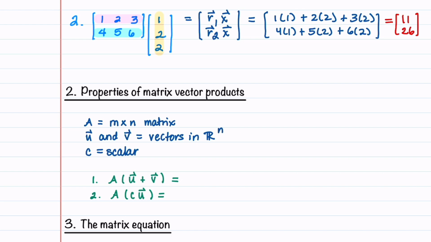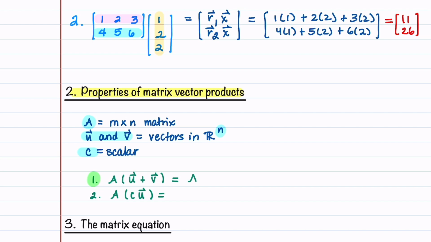We'll now quickly go over two properties of matrix vector products. A is an m by n matrix, and then U and V are vectors in Rn, and C is a scalar. Our first property tells us that when we multiply a matrix times two vectors that are added together, we can multiply that matrix times each vector separately.